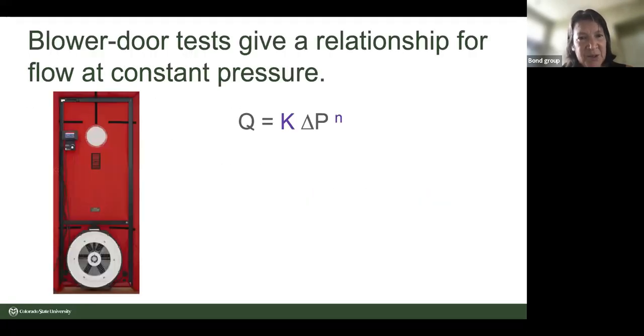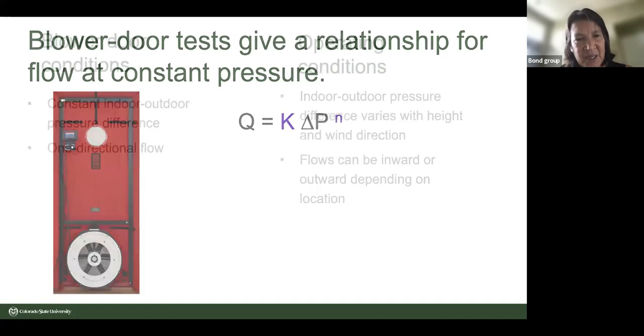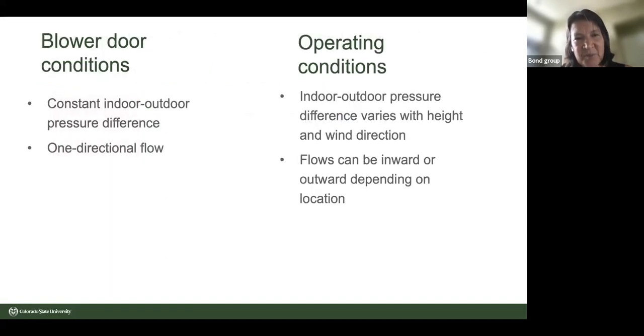So just to remind you, blower door tests give a relationship for flow at constant pressure. That looks like this. You get a coefficient and you get an exponent. But the blower door differs from operating conditions because the blower door has a constant indoor-outdoor pressure difference.